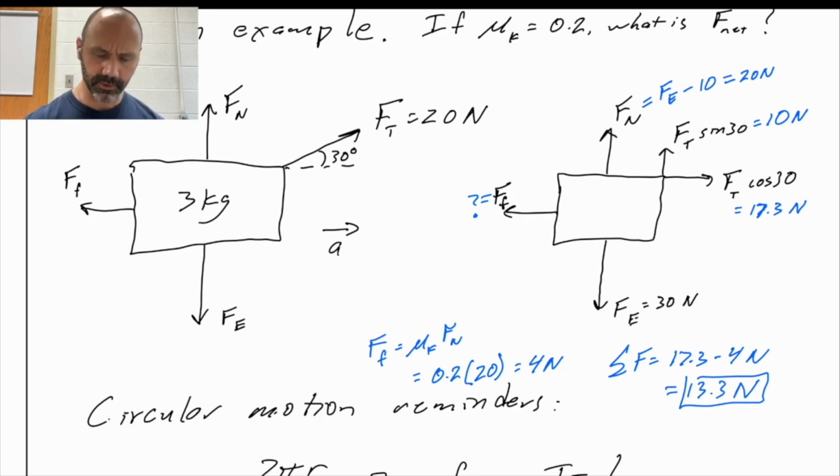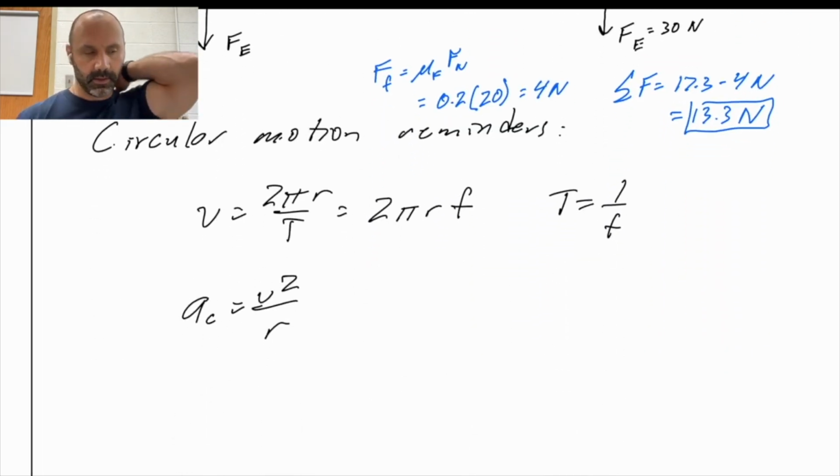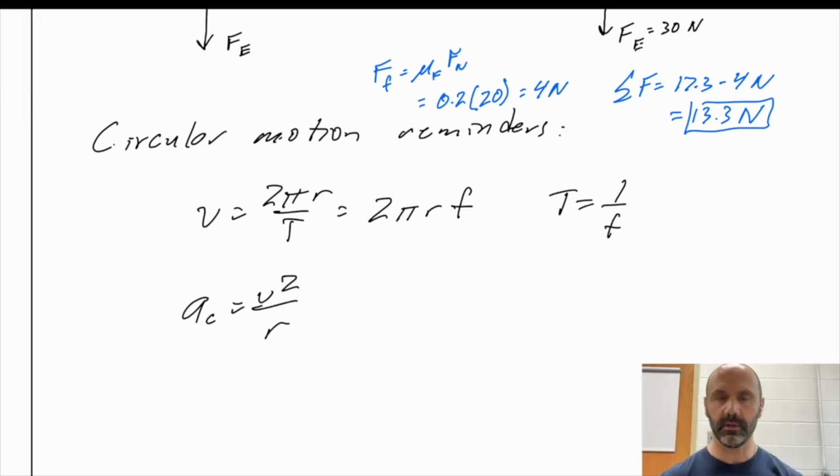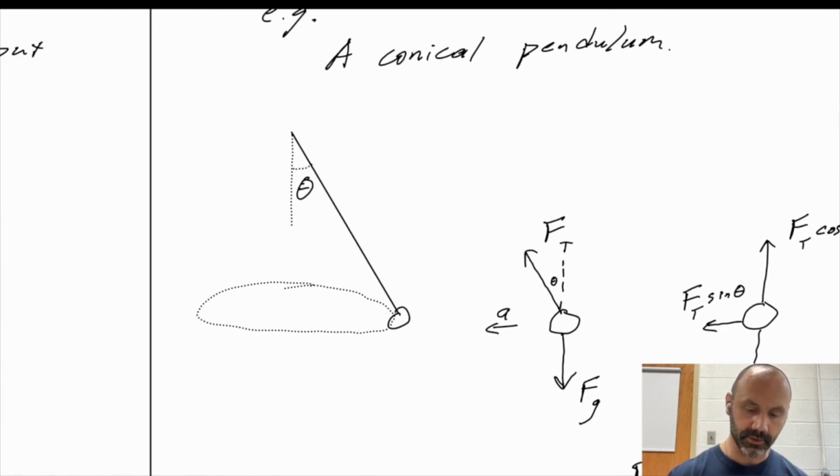Some reminders for circular motion too. I did the example of the conical pendulum as an example for setting it up, right? And again, the key idea is the centripetal force. We call it centripetal force, but really I tell my students never put centripetal force on a force diagram. Always pay attention to the raw forces, because even with the conical pendulum, there is no centripetal force.